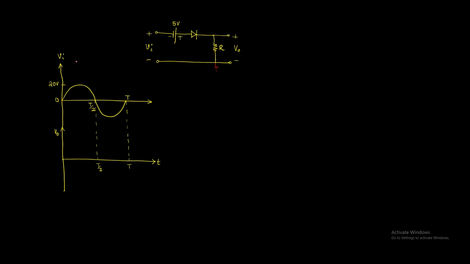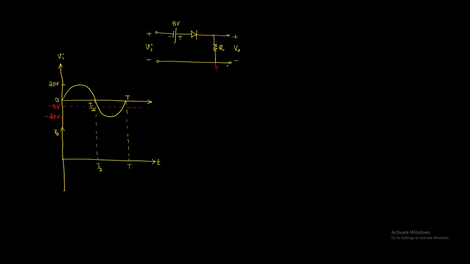This is my input signal, and as you can see, I am giving a 20 volt positive peak. Since this is sinusoidal, it also means that this is going to be minus 20, and this DC supply is negative, and this has to be marked on the negative side of my y-axis. So this will be minus 5 volt here.